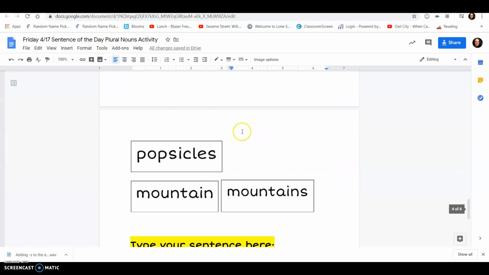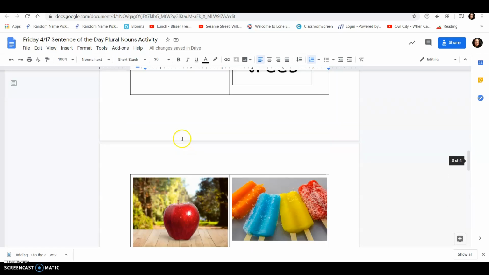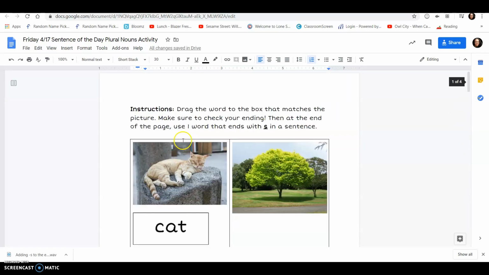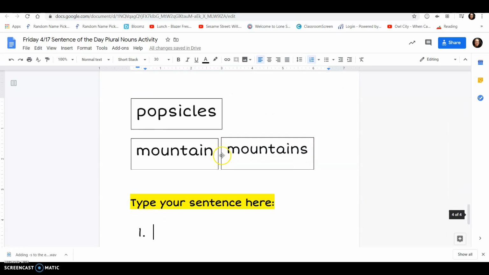Now let's look at the other part of this assignment, which is a sentence. Now remember, the instructions said that you need to make a sentence using one word that ends with S, okay? So this is going to be my sentence.